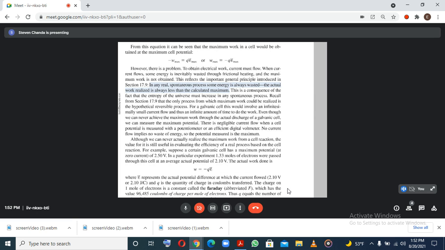However, even though we can never achieve the maximum work through the actual discharge of a galvanic cell, we can measure the maximum potential. So what we are measuring is the maximum potential, meaning assuming there were no losses, this is the amount of work that this cell can do.